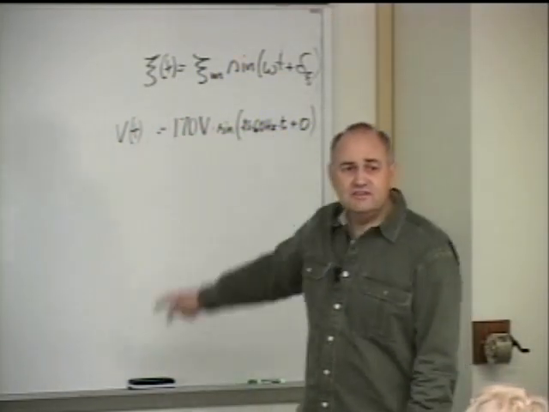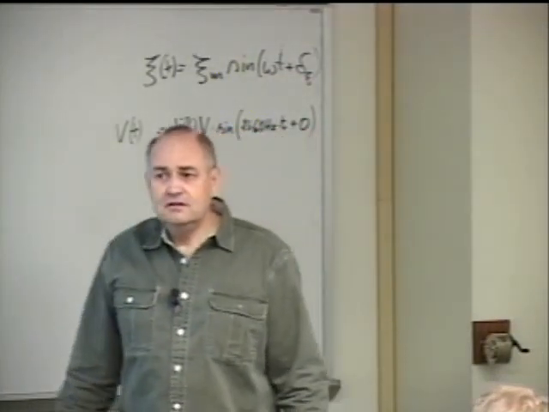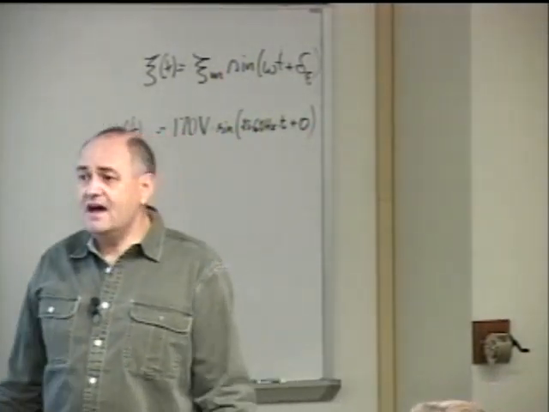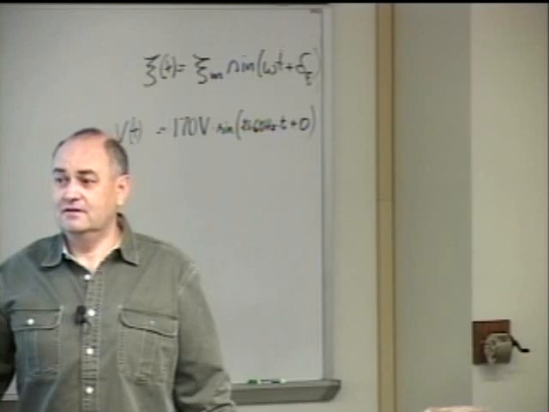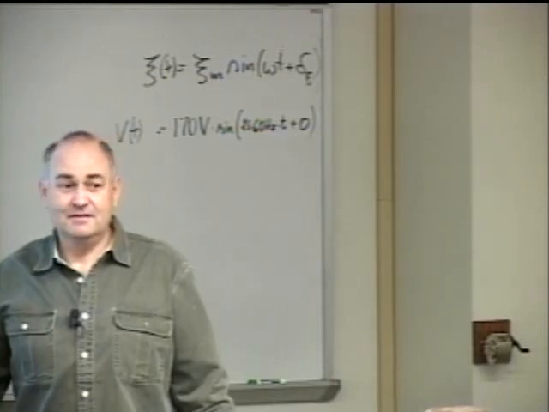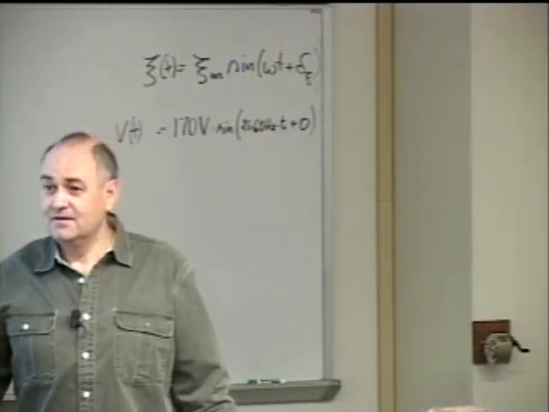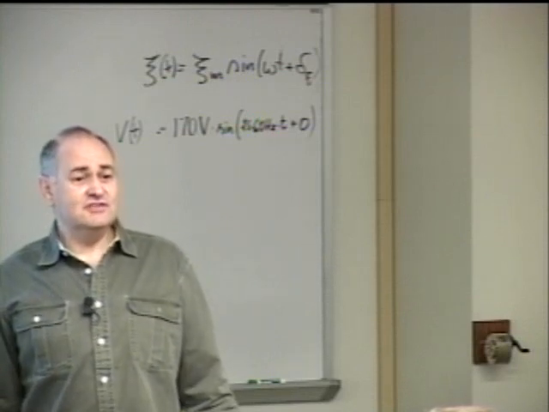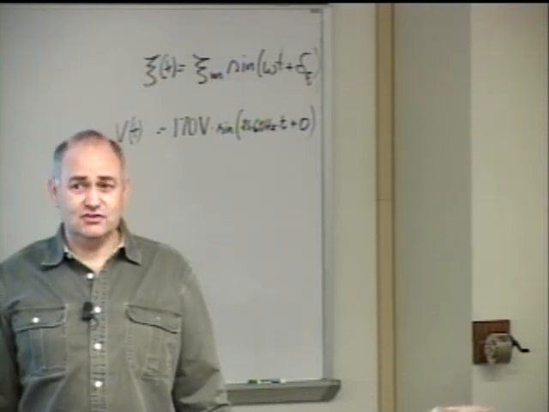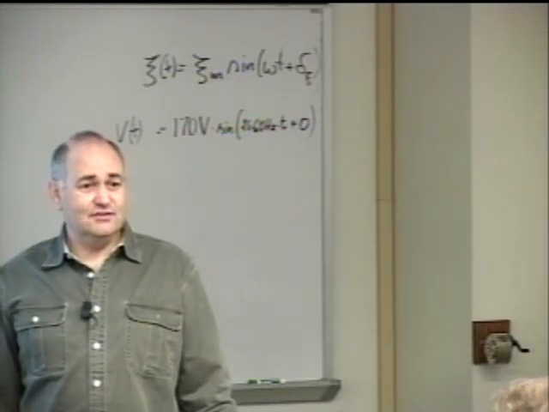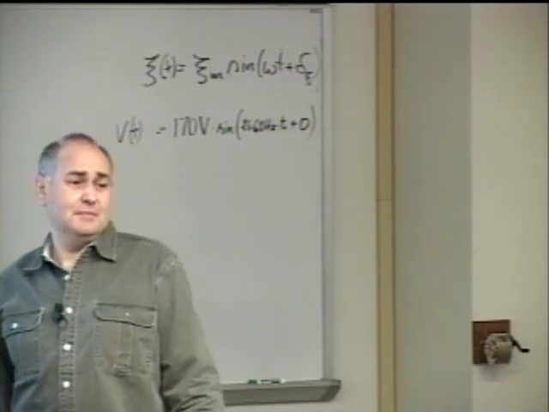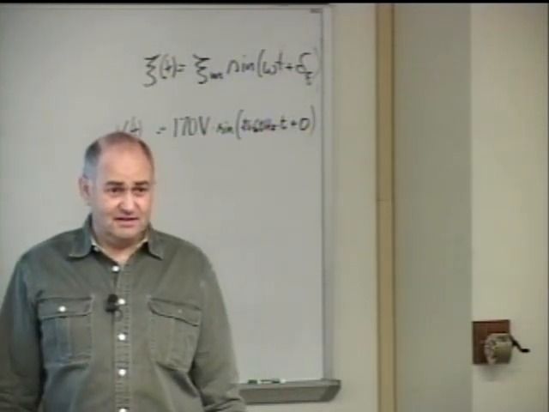What's the peak value of this voltage? 170 volts. How did you figure it out? Well, it's whatever stands in front of the trigonometric function. The number in front of the trigonometric function says what is the peak value of that quantity.